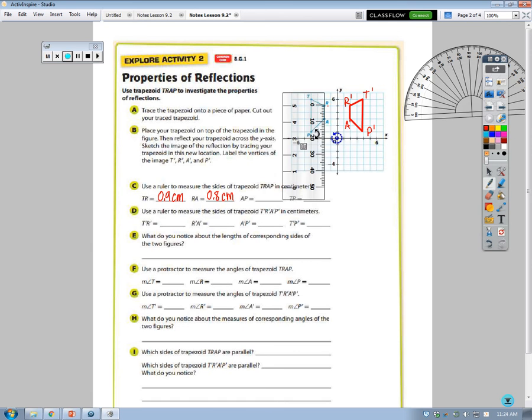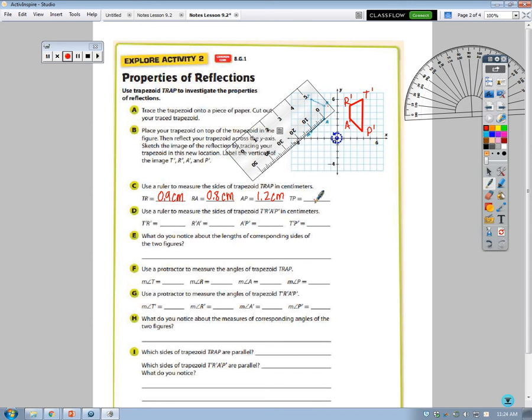I'm going to drop this down. Measure side AP, do a little rotation here, and I think I'm looking at about 1.1, 1.2, looks like about 1.2, okay, so I'm going to do 1.2 centimeters.